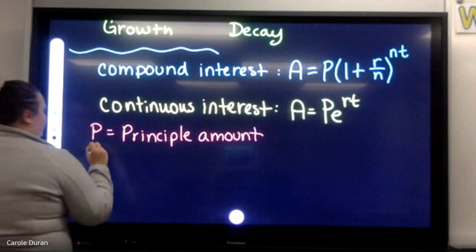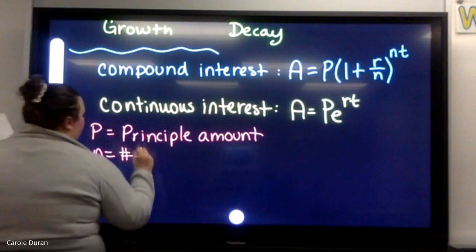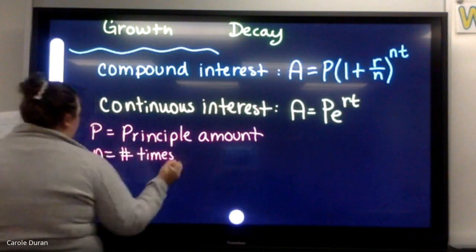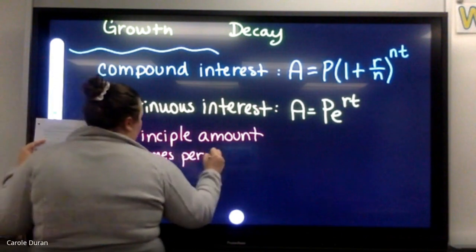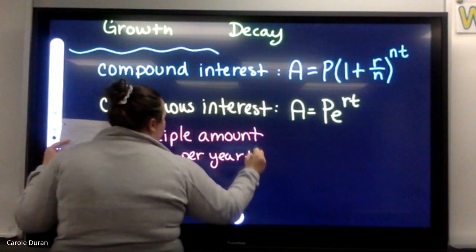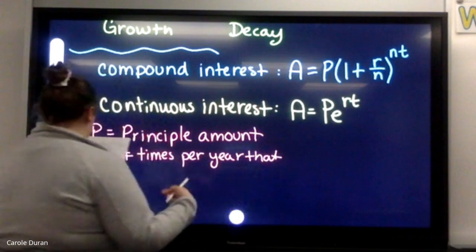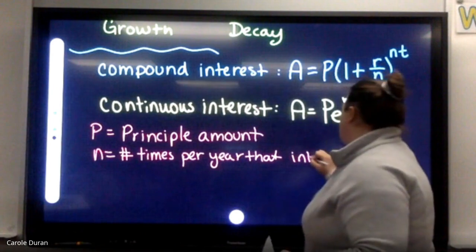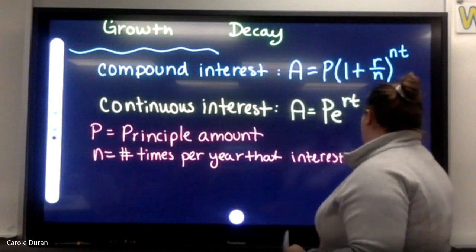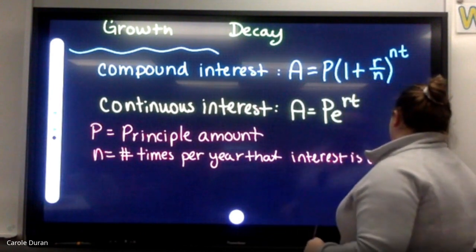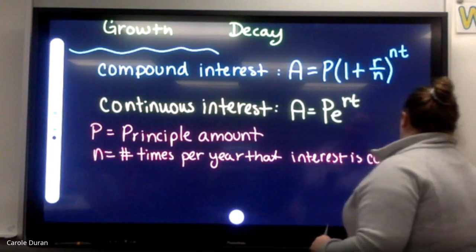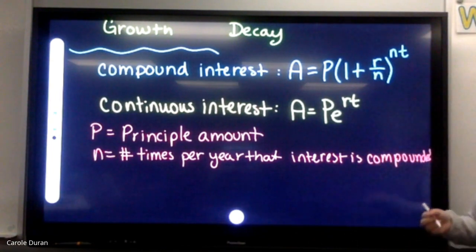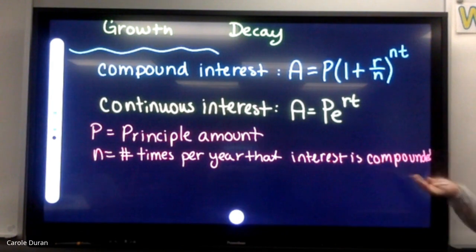N is the number of times per year that interest is accrued, or compounded. If I say quarterly, then every 3 months we're going to take a percentage of whatever you have in your bank account and add it to your bank account. That's how often the interest is being calculated.